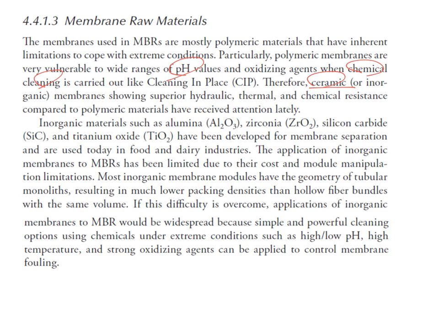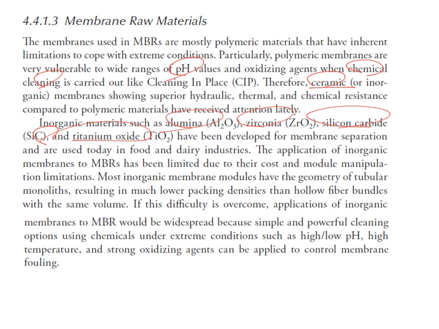Ceramic materials such as alumina, zirconia, silicon carbide, and titanium oxide are very strong and have very high mechanical strength and chemical resistance. So they are ideal materials for MBR applications.